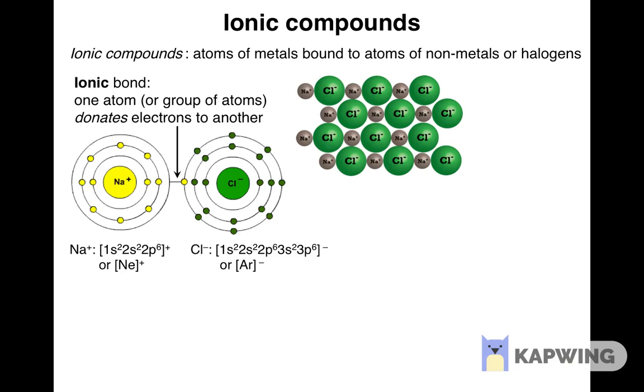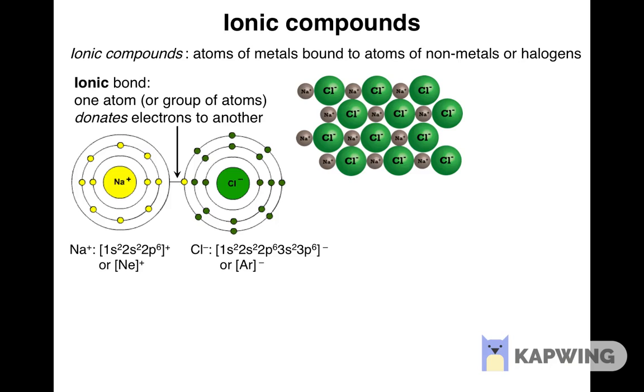Sodium is an alkali metal, and its atoms have one valence electron, the electron in the 3s subshell. Chlorine is a halogen, and its atoms have 7 valence electrons, 2 in the 3s subshell and 5 in the 3p subshell.